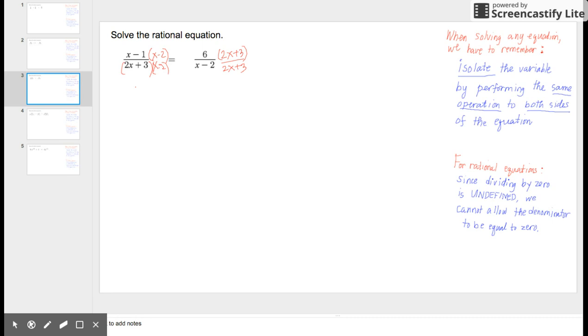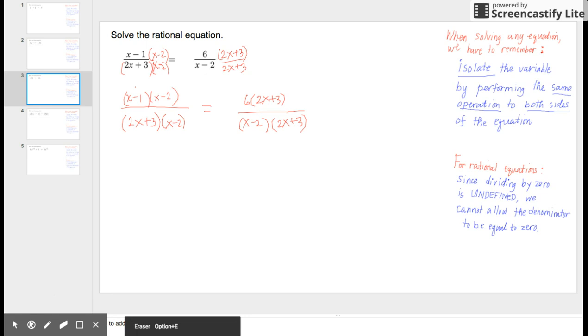Now what happens is we're going to have x minus 1 times x minus 2 all over 2x plus 3 times x minus 2, equals 6 times 2x plus 3 all over x minus 2 times 2x plus 3. Notice that the denominators are now exactly the same.